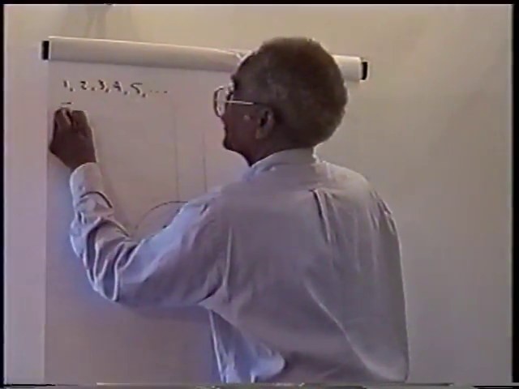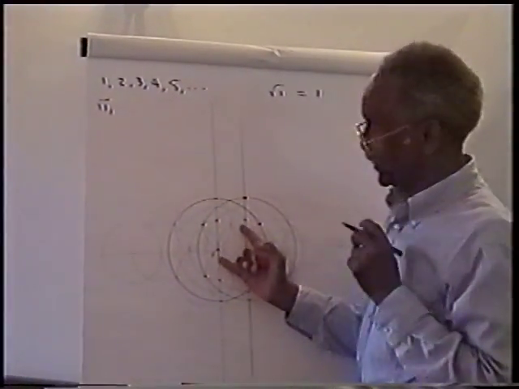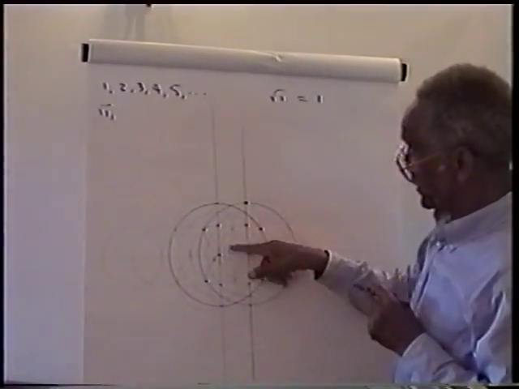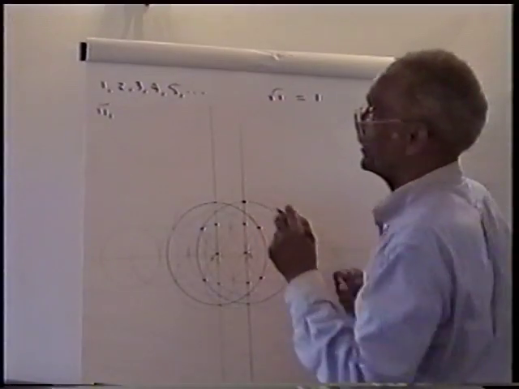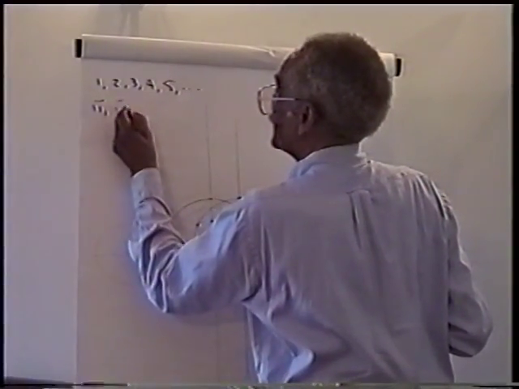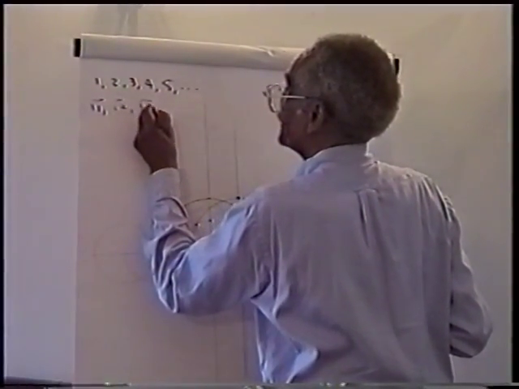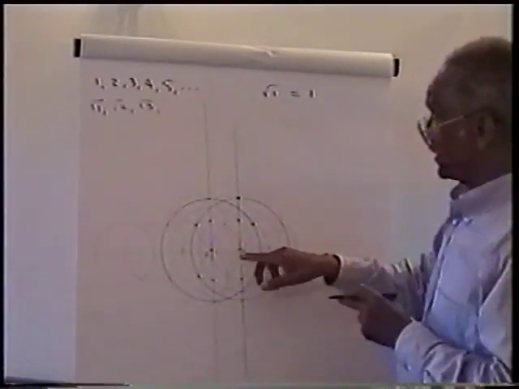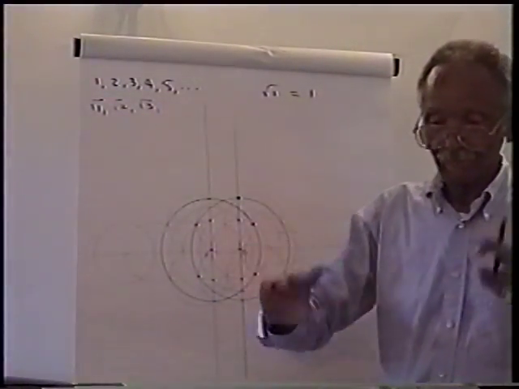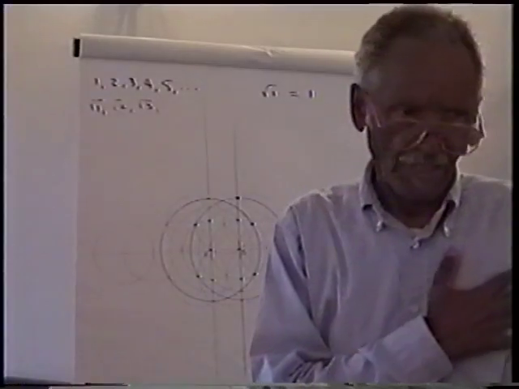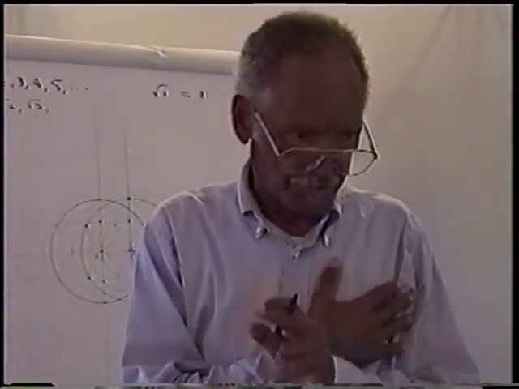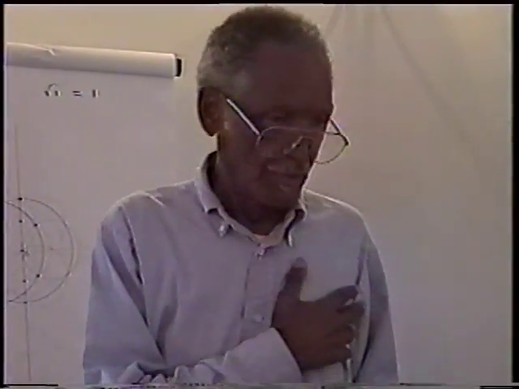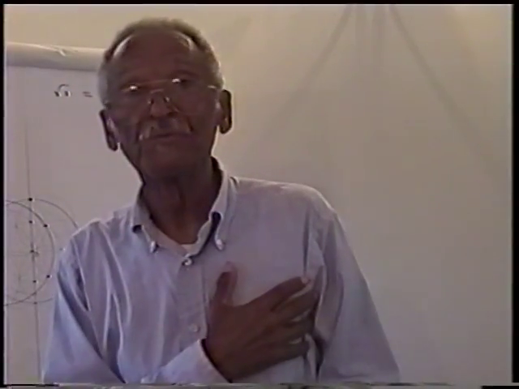So we've got square root of 1 as the radius of the first circle. Square root of 2 is the diagonal of the unit square. And square root of 3 is the radius of this green circle. Now, I'm just saying that, and I'm not going to stop for us to prove it, because we don't need to prove.